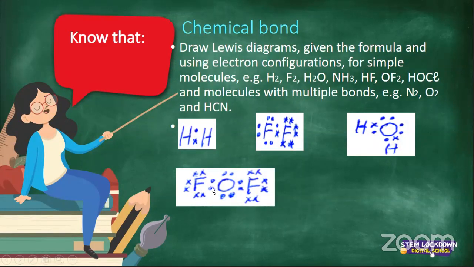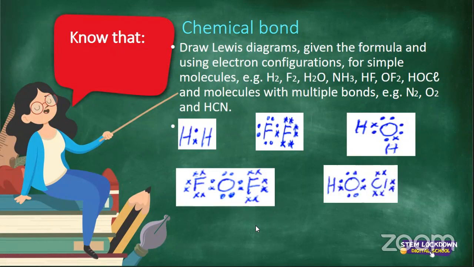And around each of the fluorine atoms is 2, 4, 6, 8. So the same thing can be done with this molecule over here.